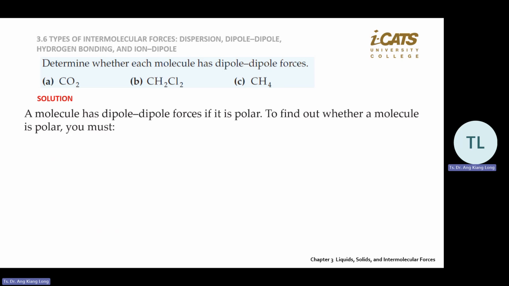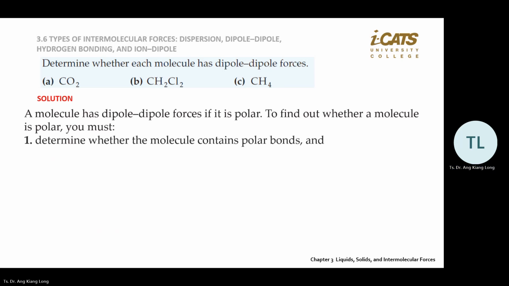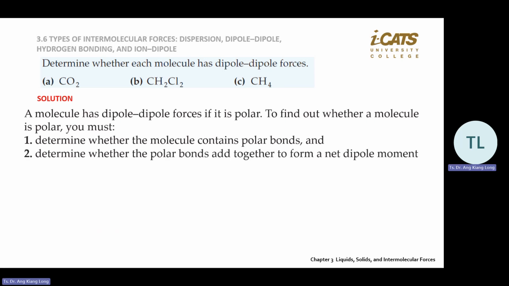So if it has dipole-dipole forces, if it is polar, how do we know it is polar? You draw Lewis structures, right? So first, determine whether the molecule contains polar bonds. Second step, determine whether the polar bonds add together to form a net dipole, meaning the orientation of the structure.